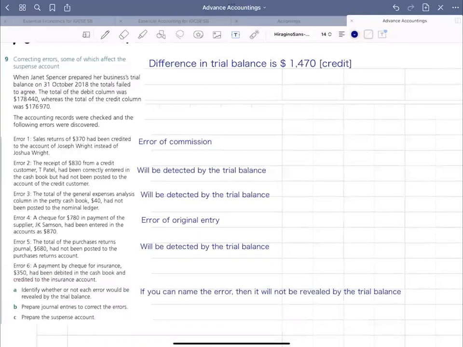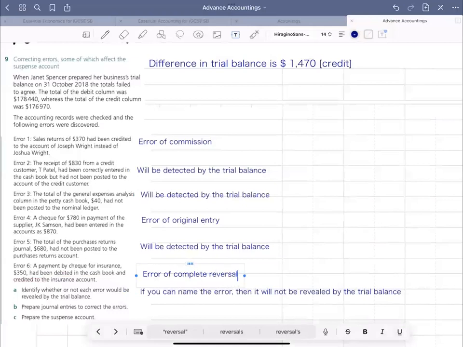Payment by check for insurance 350 had been debited in the cash book and credited to the insurance account. So what happened here? We actually did an error of complete reversal, whereby we're supposed to debit but we credit, and we're supposed to credit but we debit.